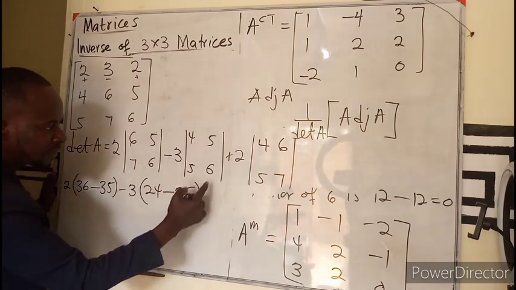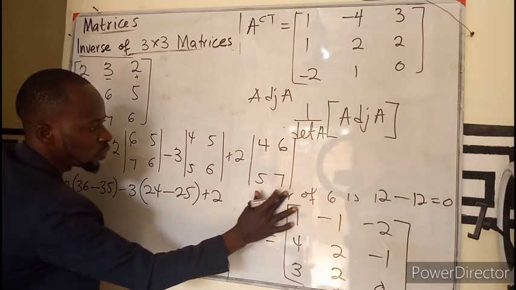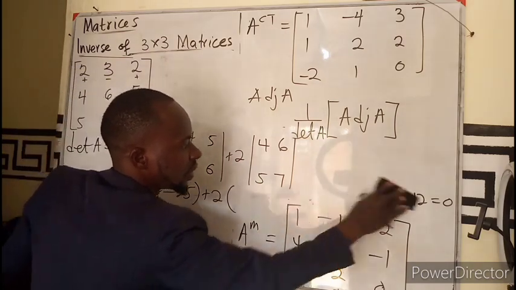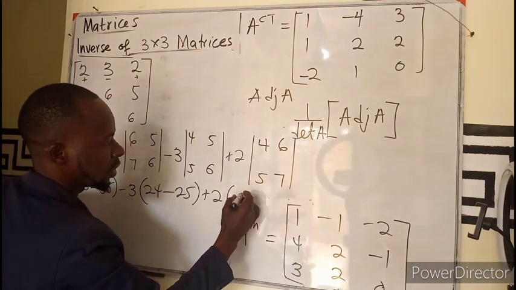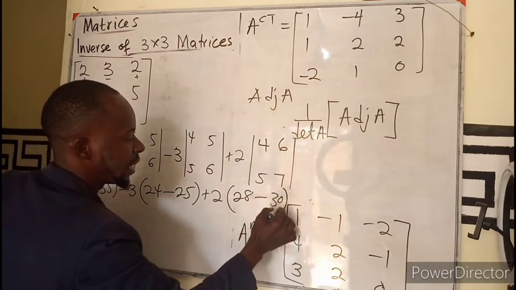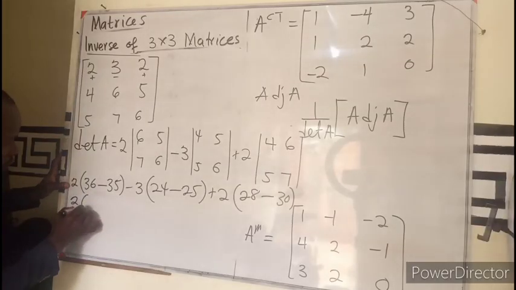I guess. Then plus 2 leading diagonal will give us what? 28. Then the other will give you 30. Having 2 multiplying what? 1.